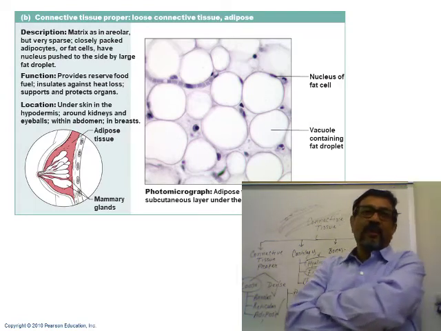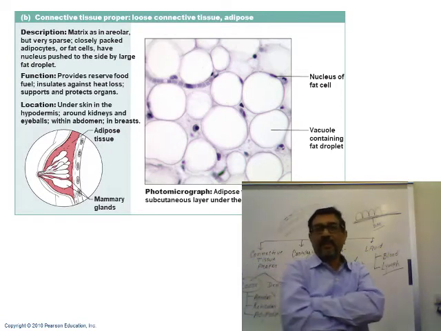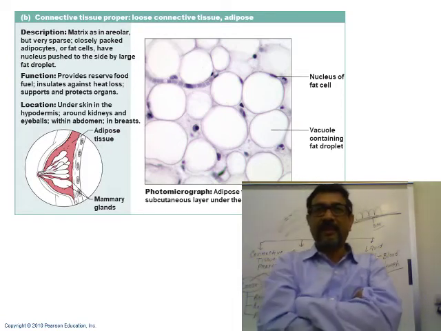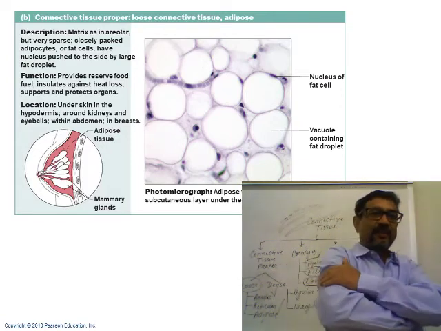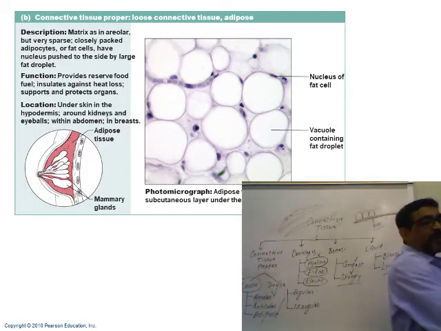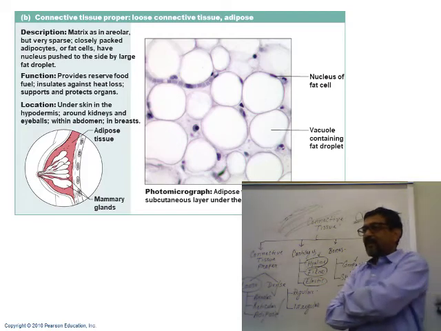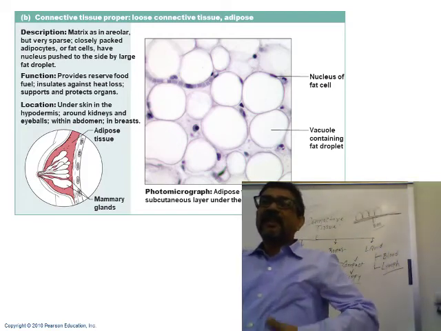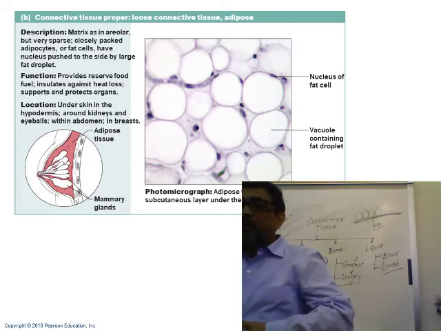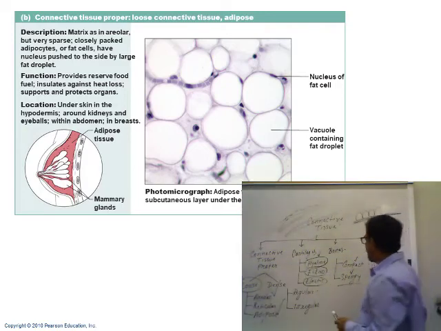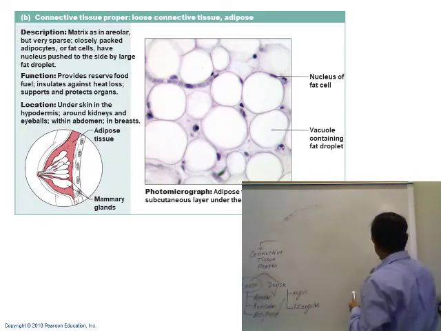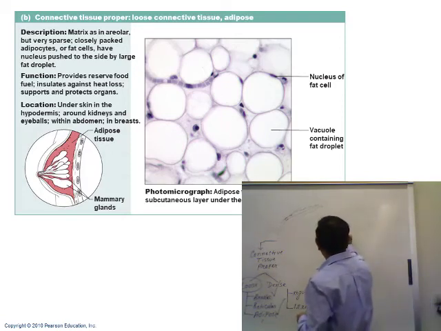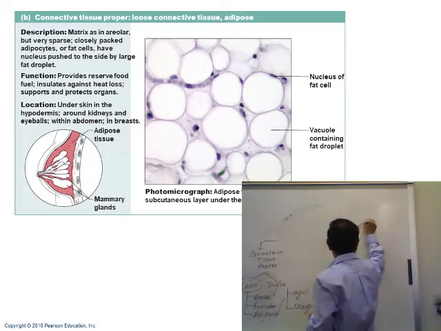Adipose or fat, you already know in which areas in the body you find the adipose. Let me just mention a couple of those areas. One is under the skin, that is called subcutaneous fat. Under the skin. Female breast, right? Mesentery and omentum. Those are two structures. Let me write down the spelling. So under the skin, female breast, mesentery and omentum.